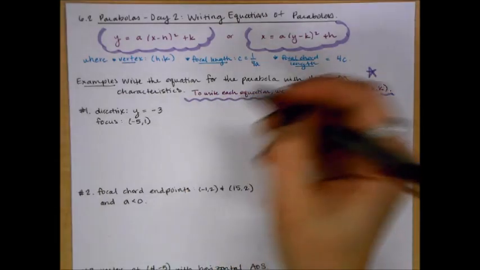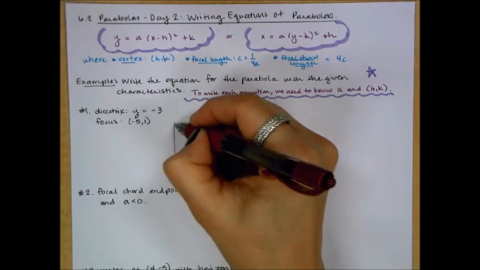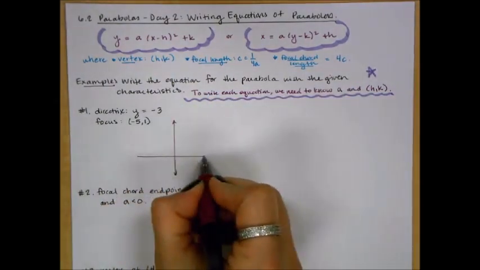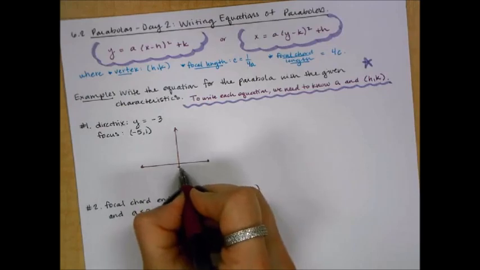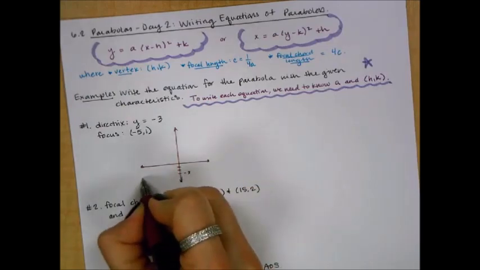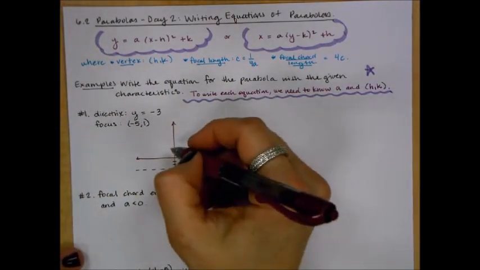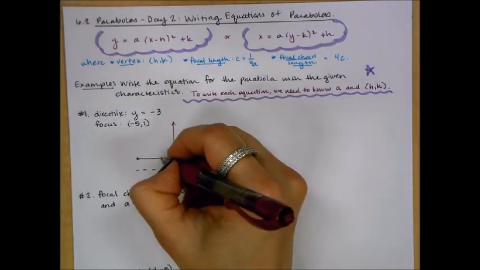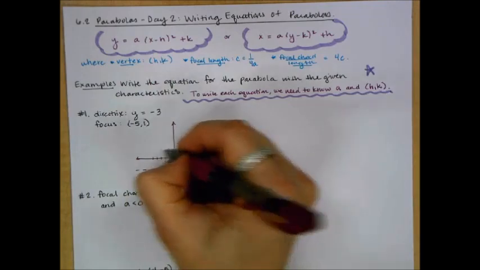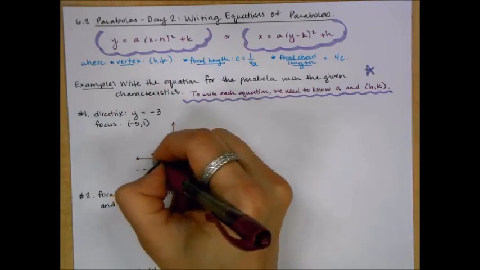It's best if we start with a sketch. So y equals -3, this is our directrix, and (-5, 1) is the focus.